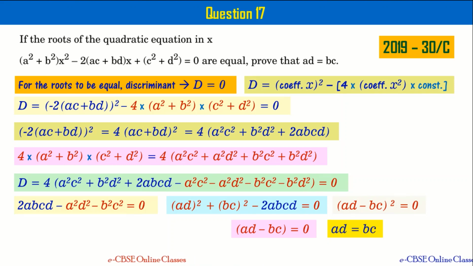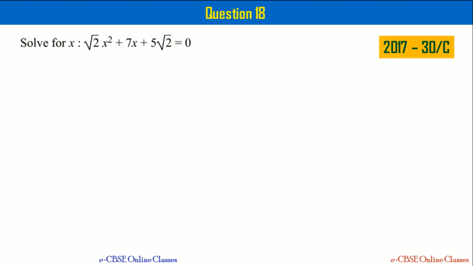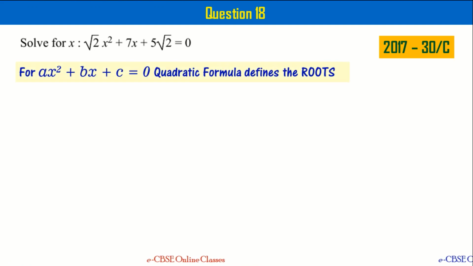Let's go to the next question. Question number 18. Solve for x. The given equation is the following: √2x² + 7x + 5√2 = 0. For ax² + bx + c = 0, the quadratic formula defines the roots. We have just touched upon this concept.